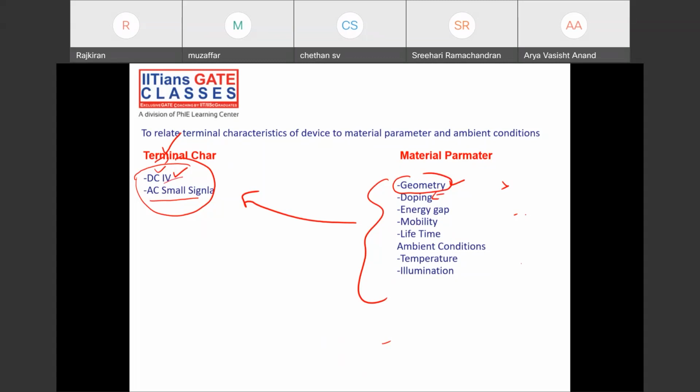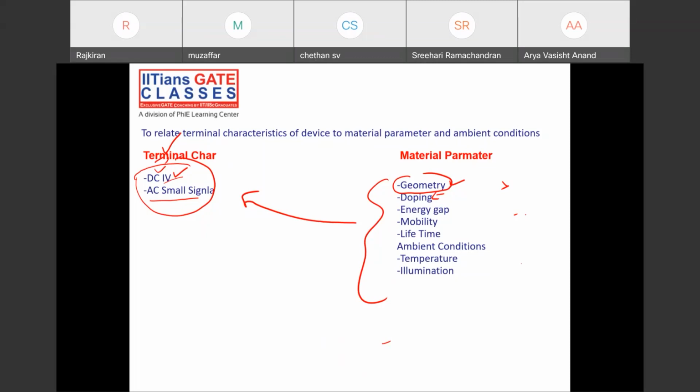The impurity will change the conductivity. So how different impurities are intentionally introduced in the semiconductor to change its property, that we will understand. Clear, guys?